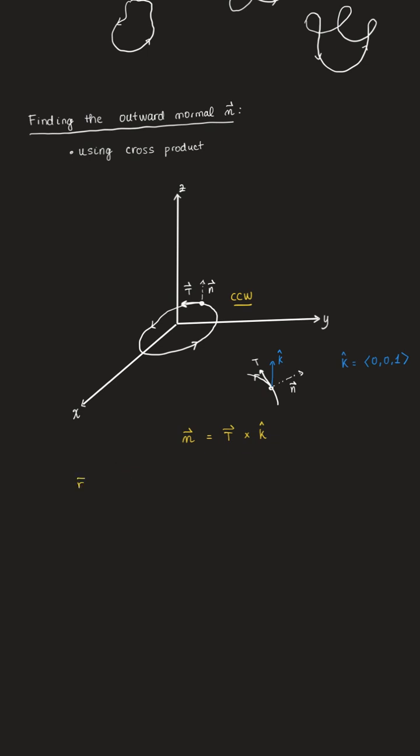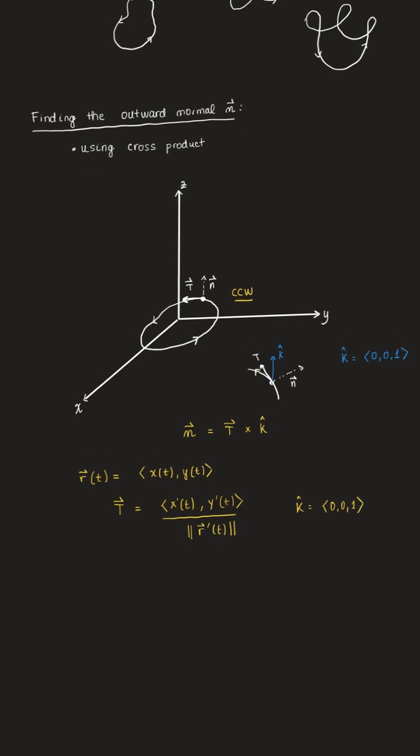If our curve is parametrized with respect to t, and we have x of t, y of t, then we know that our unit tangent vector is going to be x prime of t, y prime of t, divided by the magnitude of r prime of t, because T is a unit vector. And k is the vector 0, 0, 1 that points along the positive z-axis.